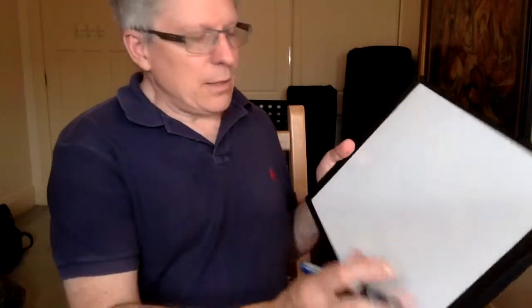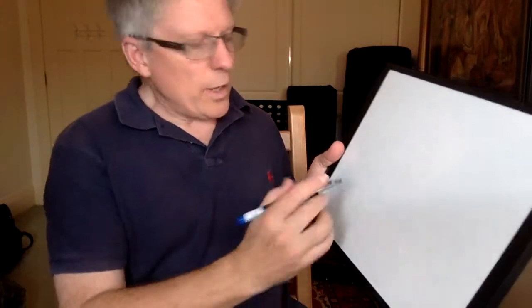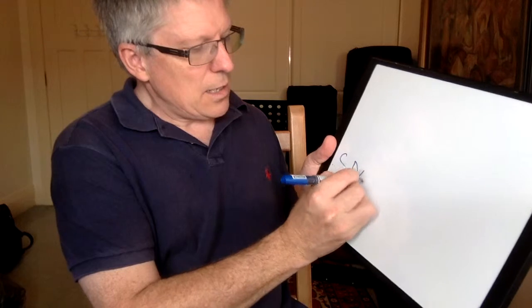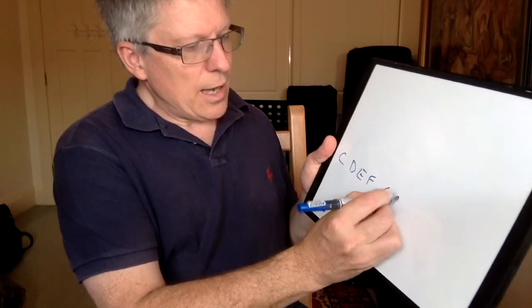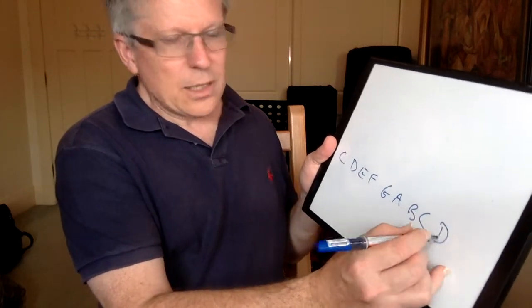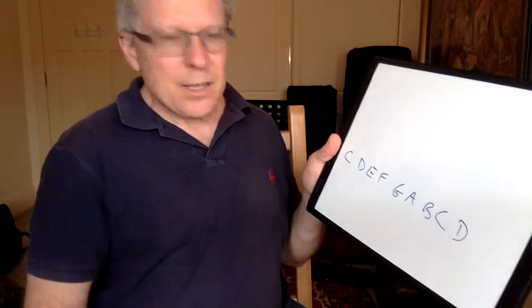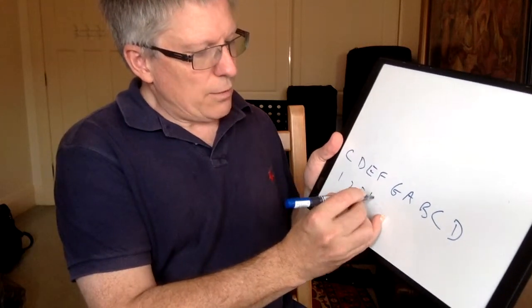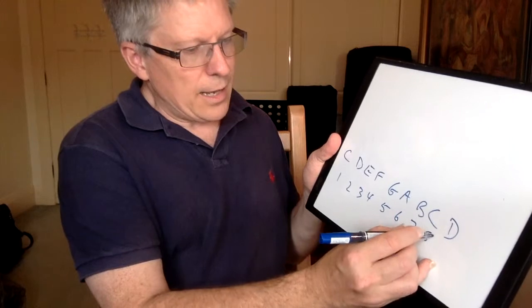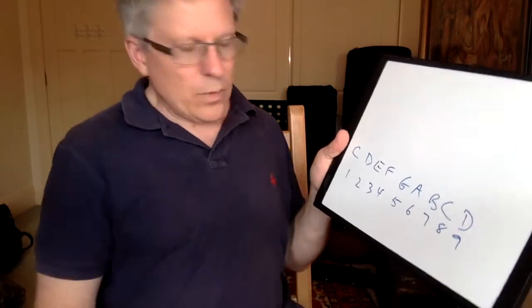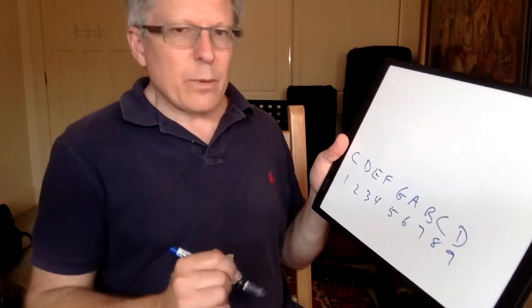First of all, the C chord. If we take our alphabet starting on C and working down the alphabet, C, D, E, F, G, A, B, C, D, etc. If we number these off, 1, 2, 3, 4, 5, 6, 7, 8, 9, etc. Then what did we play when we played our C chord?